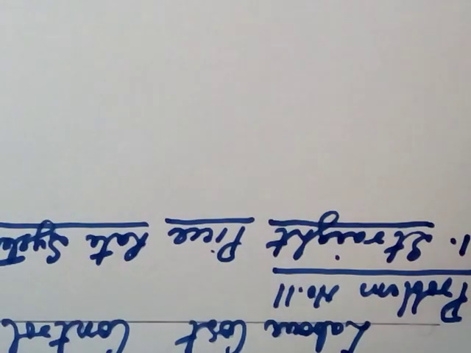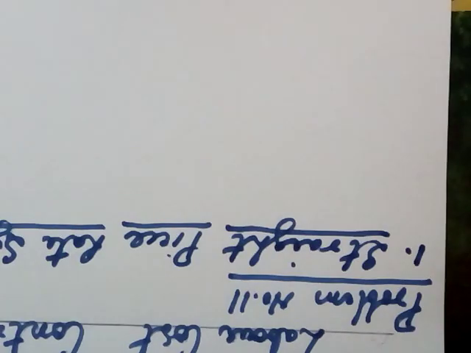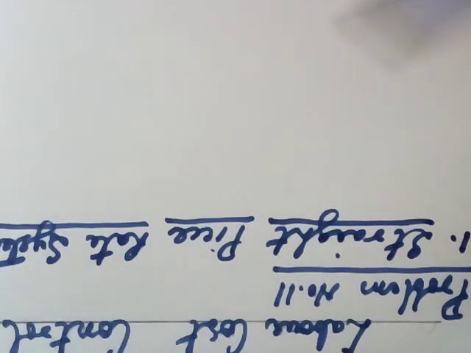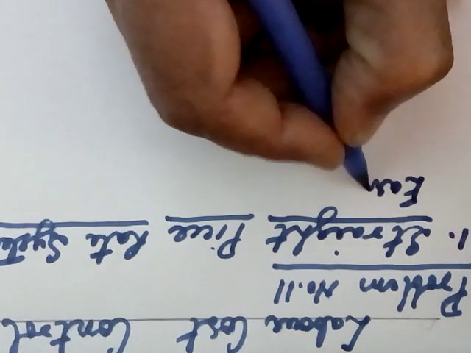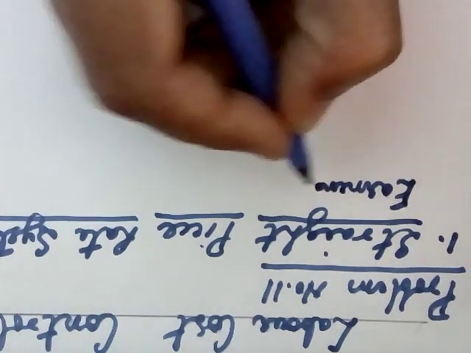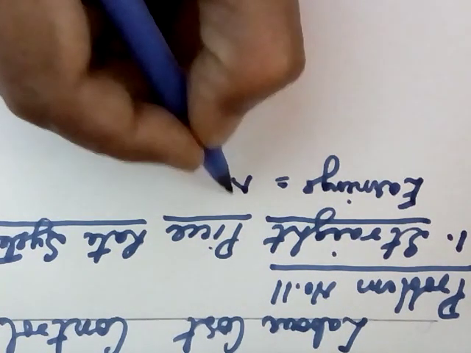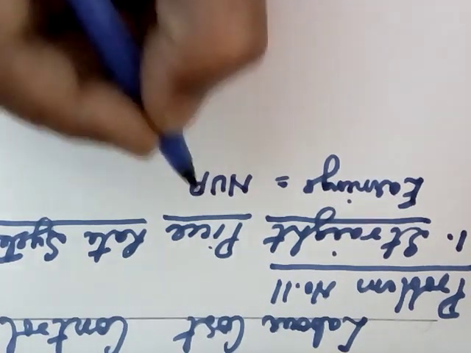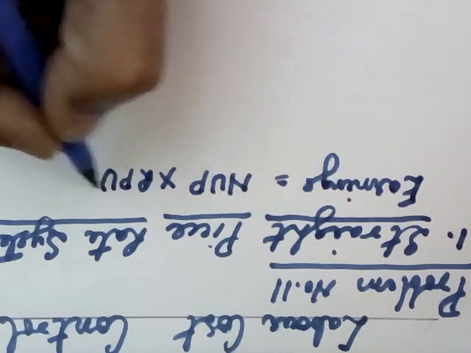So let's start the calculation under the straight piece rate system. Earnings is calculated considering the number of units produced into rate per unit.